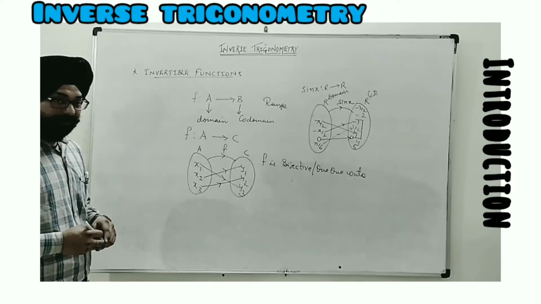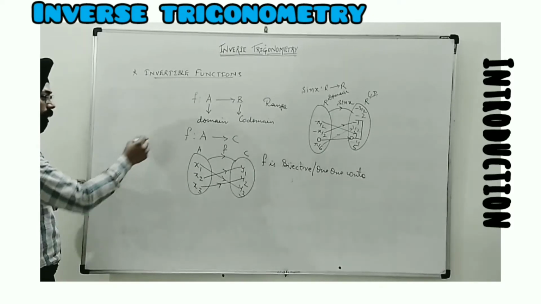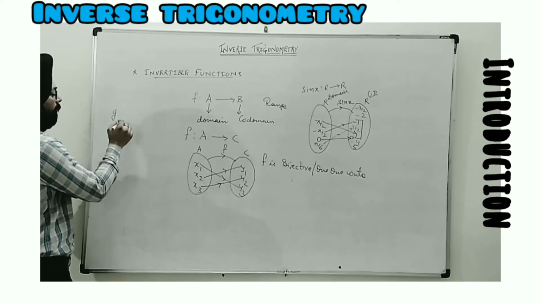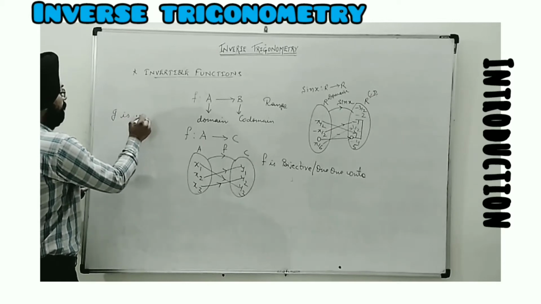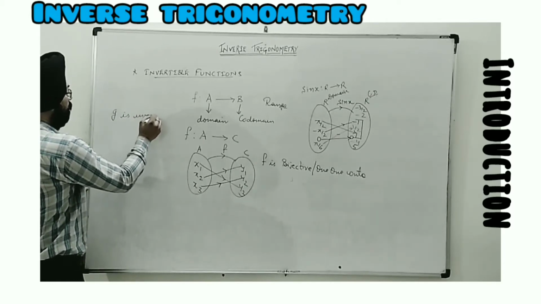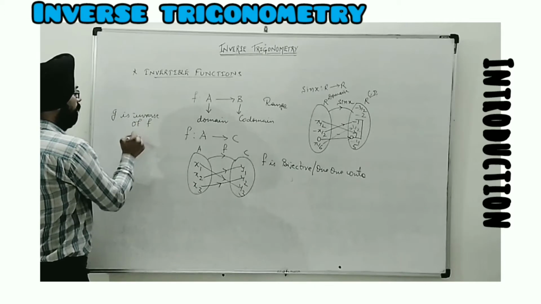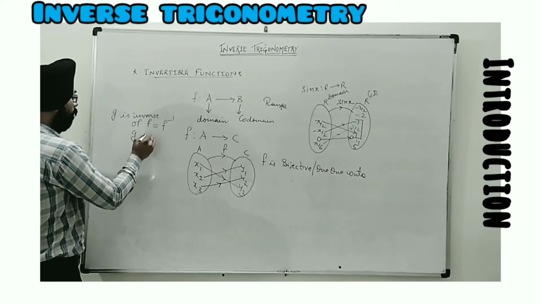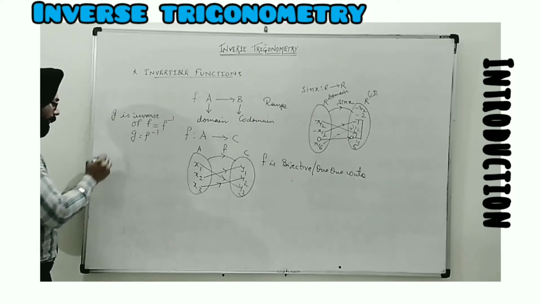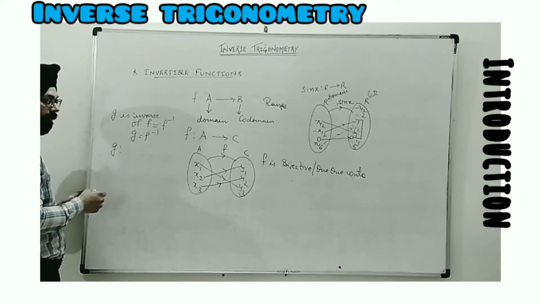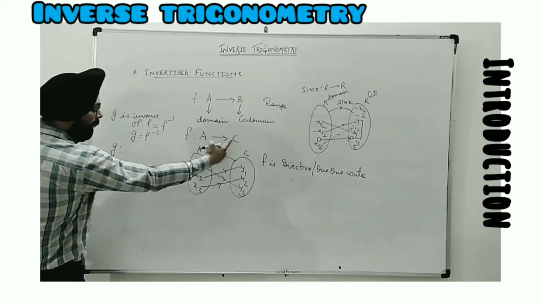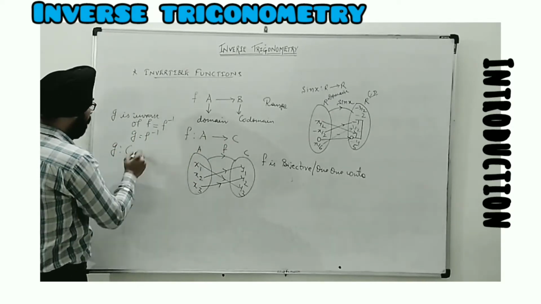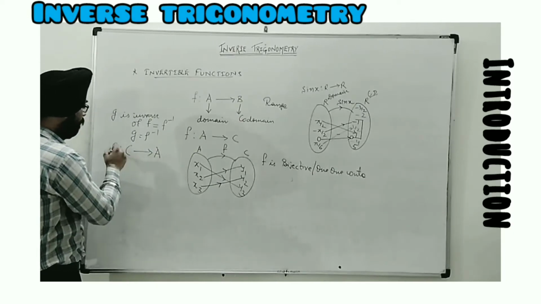So suppose g is some other function which is the inverse of f. This will be denoted as f inverse. G will be equal to f inverse, and by definition we take the range of f as the domain of g, and the domain of f has to be the range of g.